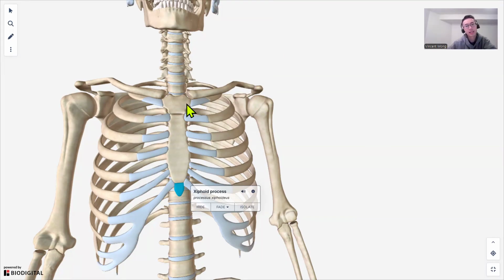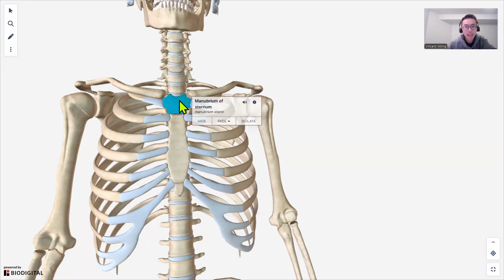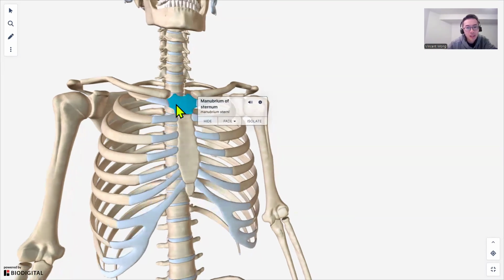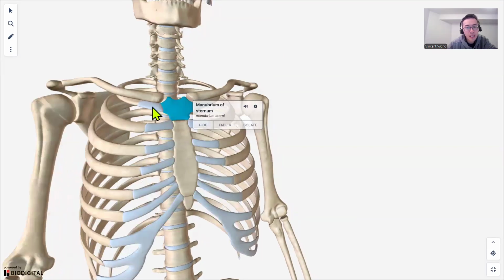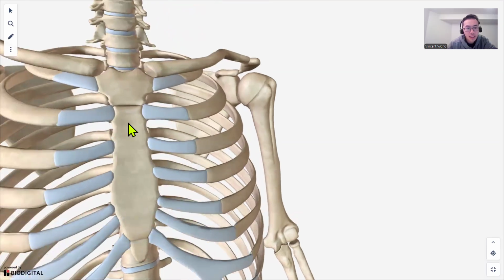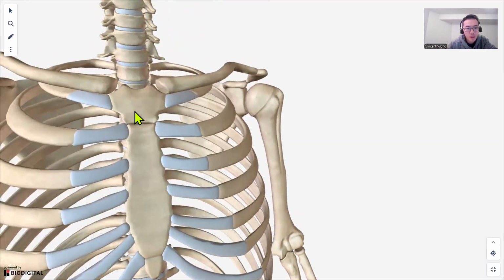Xiphoid process. So the manubrium allows the first pair of ribs to connect to it. Okay? You have 12 pairs of ribs. Number one connects with the manubrium. And part of number two also attaches to the manubrium, at the interface, the connection point between the manubrium and the body.